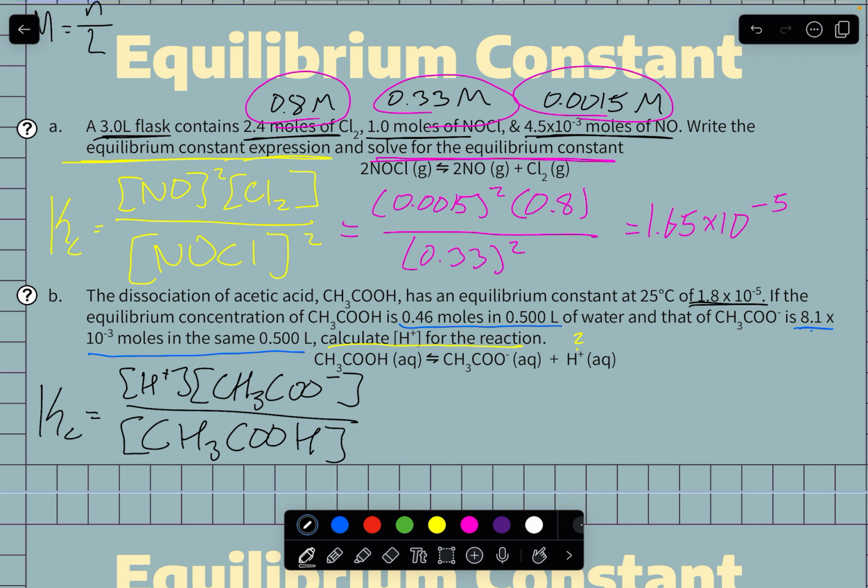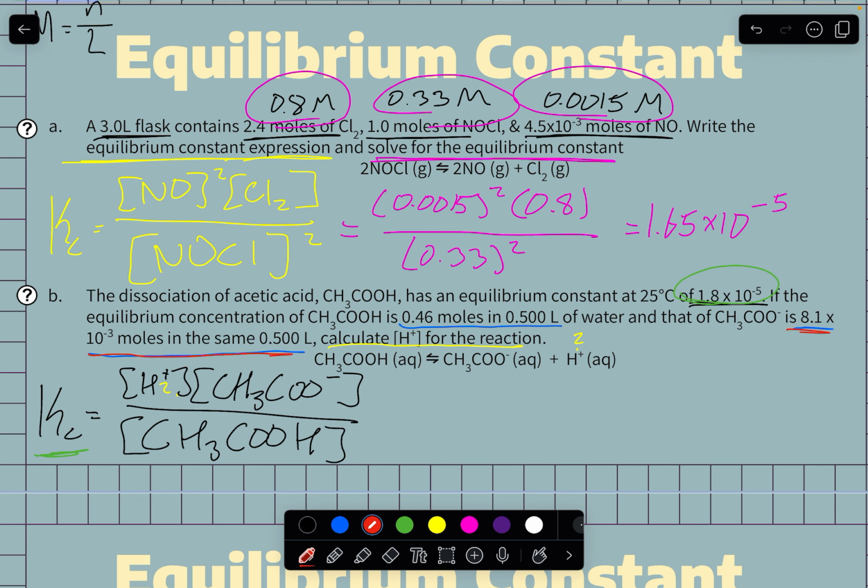And what we need here is our concentrations. We have our Kc, which is 1.8 times 10 to the negative 5. Our H plus, we don't know that. For CH3COO minus, that's our 8.1 times 10 to the negative 3 moles in 0.5 liters.